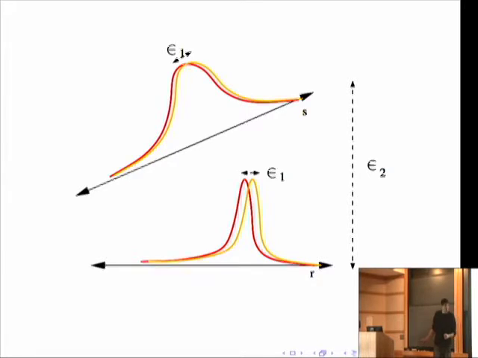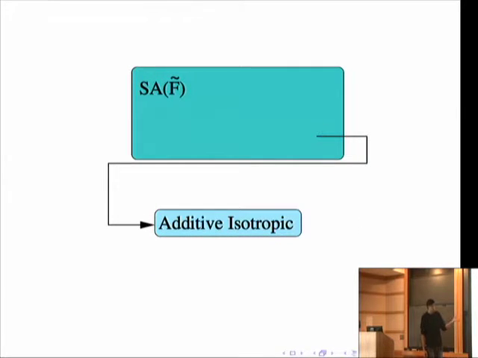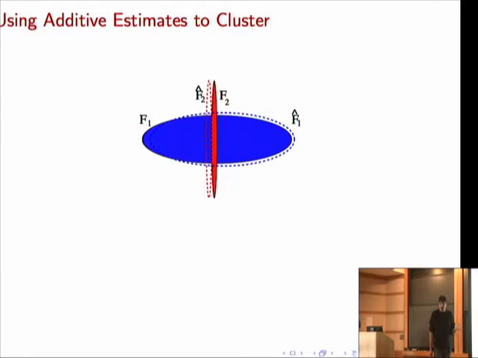All right. So now what I've described is this additive isotropic algorithm. And what I really promised you was that we could get statistical guarantees. In fact, additive guarantees, getting the parameters right additively, is not enough to say that we have statistical guarantees as well. For example, consider this mixture of two Gaussians, f1 and f2, the two solid Gaussians.